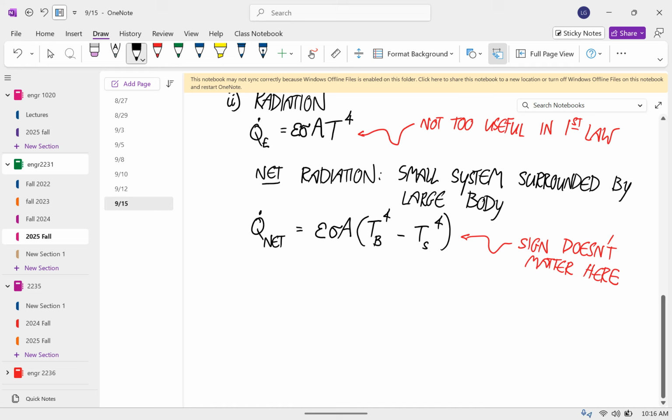So which one are we going to use often? We're not going to use any of these too often, but it just depends on the setting. I suppose you could say the one that generally is most useful is probably convection, because that's sort of an experimental curve fit.